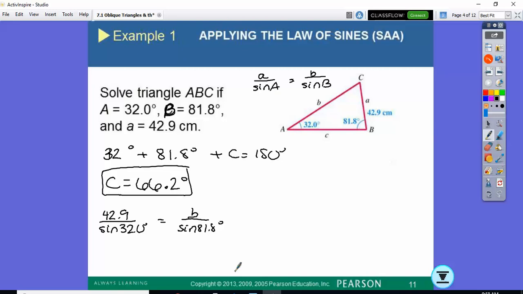How would I solve for b? Cross multiply, or you could even just multiply over your sine of 81.8, however you want to do it.